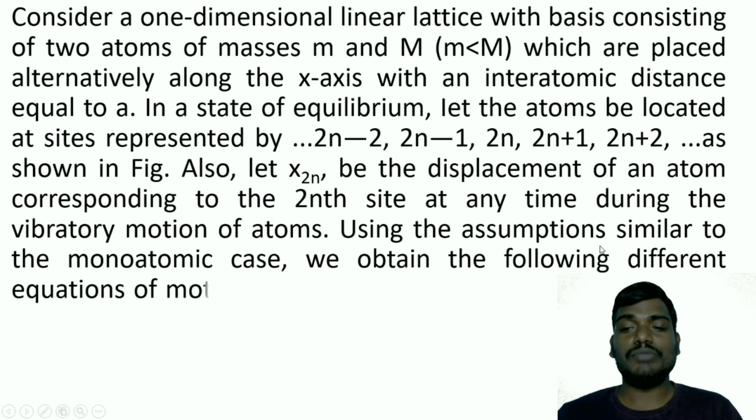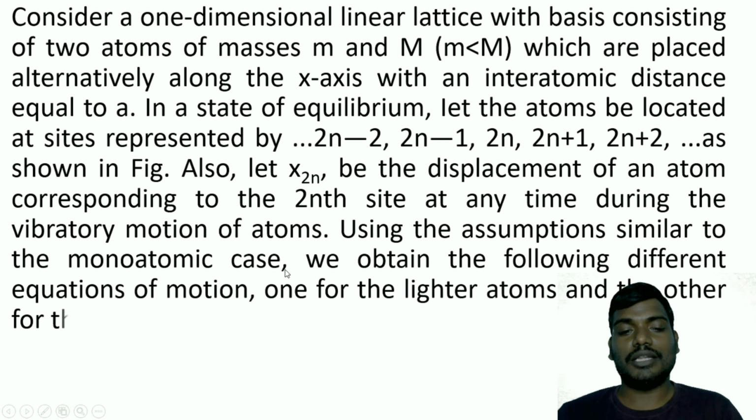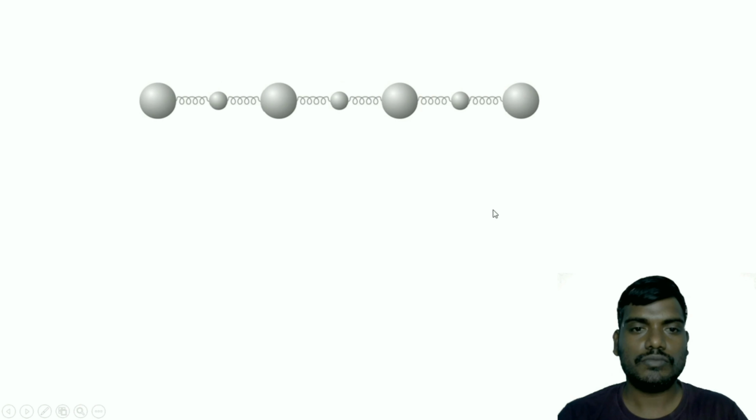Using the assumption similar to the monoatomic case, that means the previous case, we obtain the following differential equations of motion, one for the lighter atoms, small m, and another for the heavier atoms, capital M.